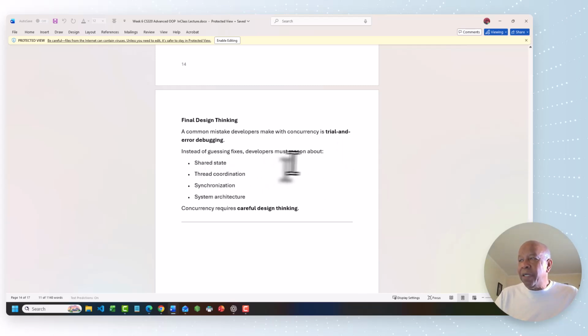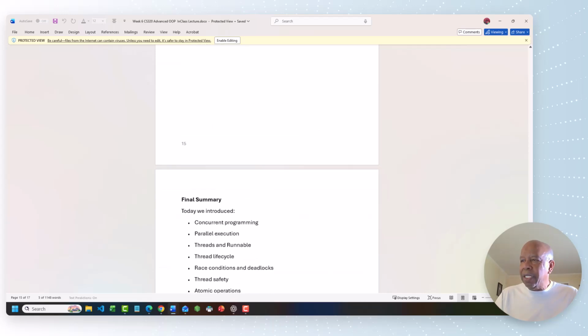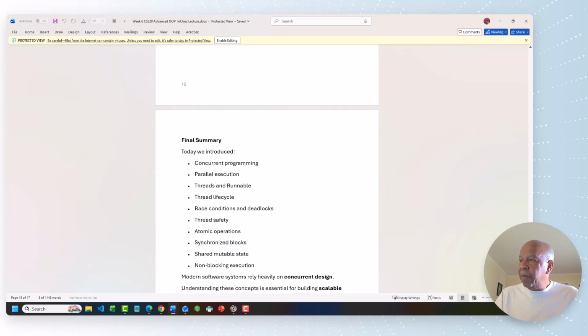Instead of guessing, developers must reason about shared state, thread coordination, synchronization, and system architecture. Concurrency requires careful design thinking. It has to be affirmative. It has to be a process that we actually put effort into, and it's not going to happen by itself.